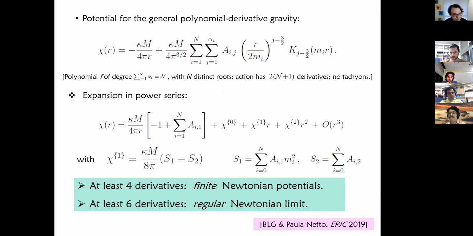So if you have at least 4 derivatives in the action, you have finite Newtonian potentials. And if you have at least 6 derivatives, you have a regular Newtonian limit without curvature singularities. This holds independently of the number of terms here, and if they are degenerate or complex or real, and so on.